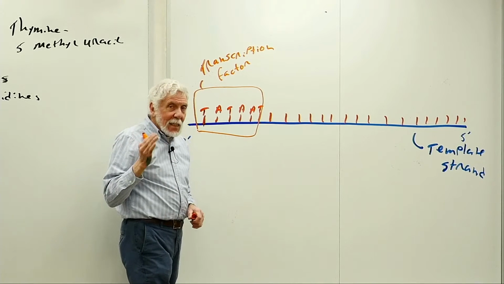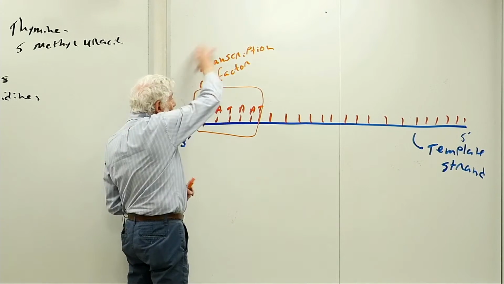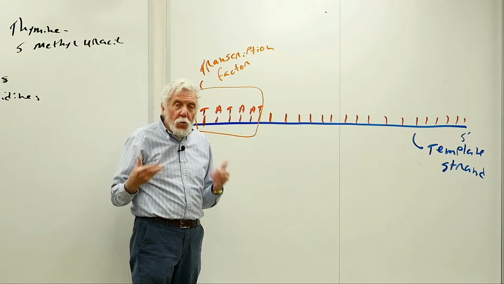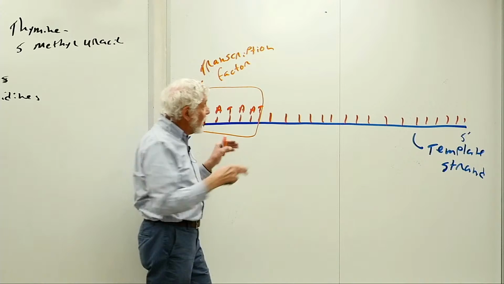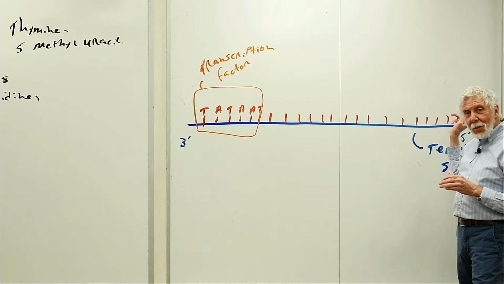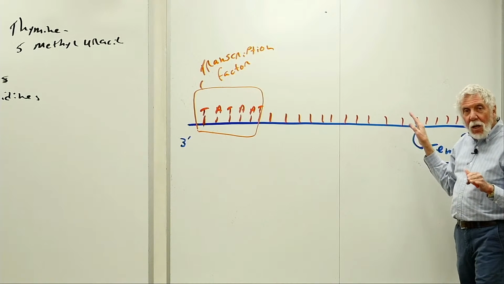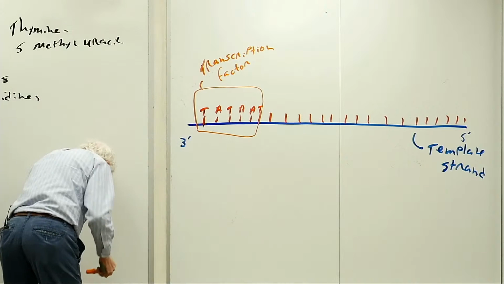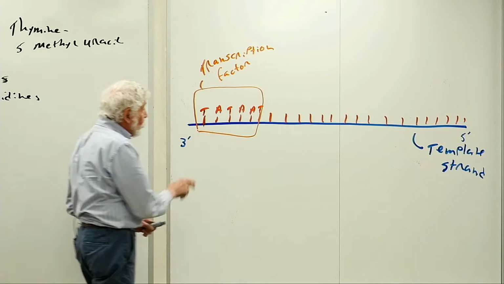Now, in reality, this lump of proteins is so big that we don't begin transcribing the DNA strand until we're about 25 or 30 base pairs downstream. That's the detail. What I want to emphasize here, and I'm going to tell you a bit of a fib, is that we're going to begin transcription right next door.